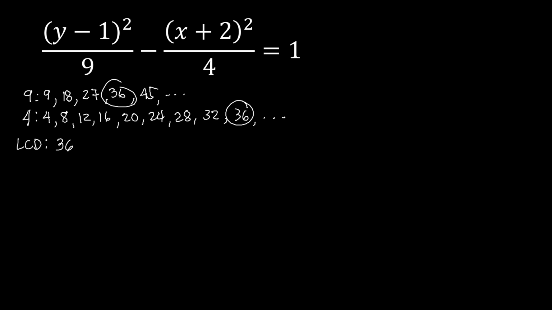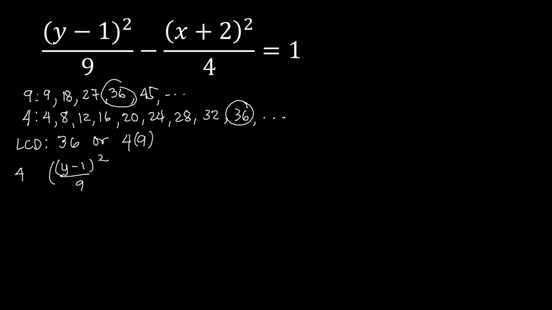So again, the next step for you is to multiply the LCD to each of the terms in your equation. So we have here 36 times (y minus 1) squared over 9. Or you can express 36 as 4 and 9 so that it will be a lot easier for you to cancel, because 4 times 9 is simply 36 still.